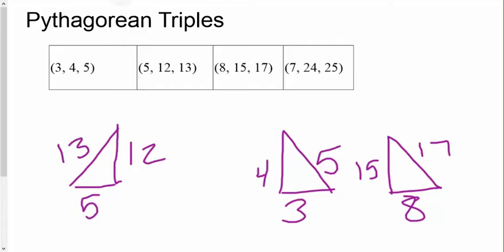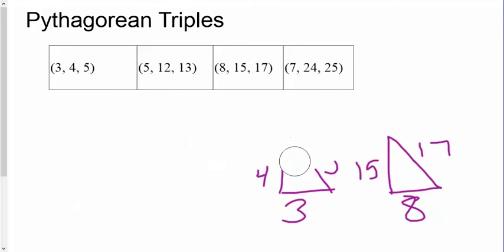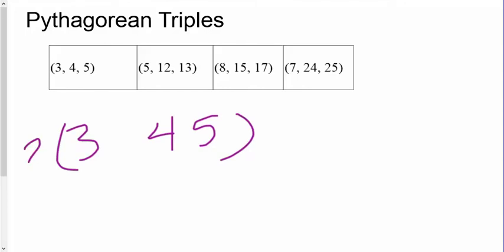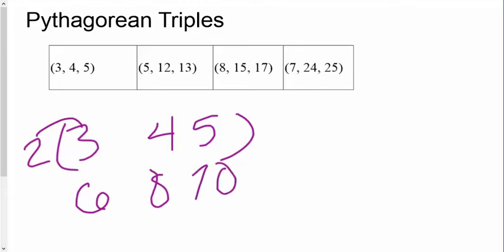And in fact, off of these base ones, we can do something. If you know that one of them is a triple, then all I have to do to figure out another triple is multiply it by 2 or 3. So say I had 3, 4, and 5. If I want to find the next triple, I could multiply them by 2. So 6, 8, and 10 would also work, right? 6 squared is 36, plus 8 squared is 64.